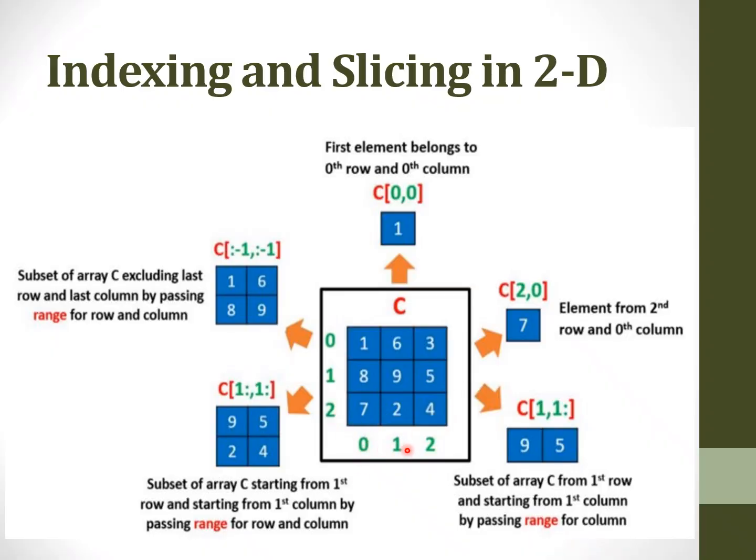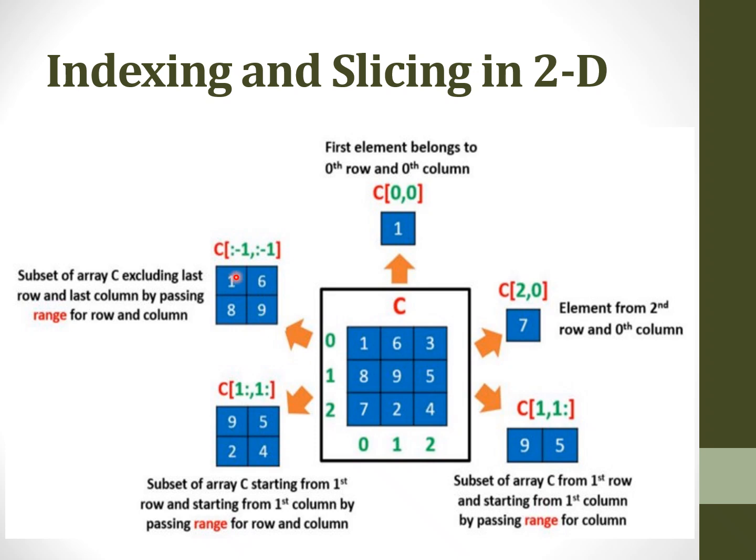If you want to print in C the first row, and from the first column all the elements, then it is the first row, first column, and if you give the slice like this, it means from this element, all the elements till the end will be printed. So 9 and 5 are printed here. Similarly, from the first row and first column, all the elements, 9 5 2 4, will be printed till the end.